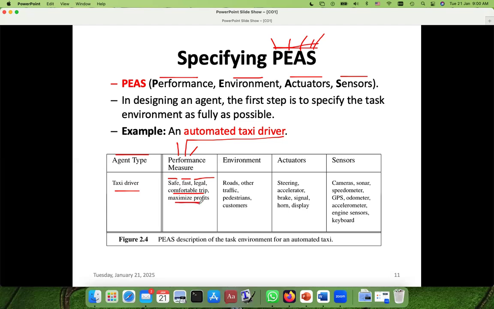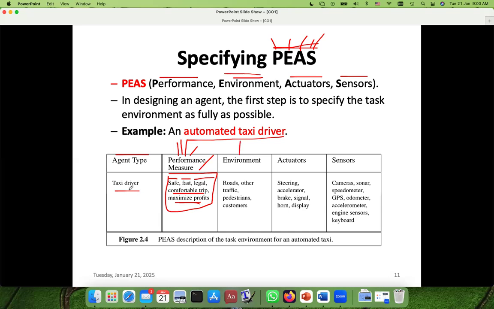Mean if your automated taxi is doing frequent traveling and earning much. So these are the different things through which you can check the performance of your agent, and you can consider these things for this performance measure.